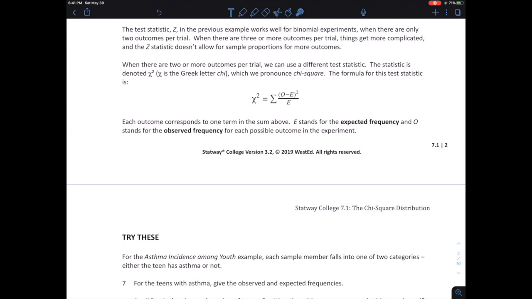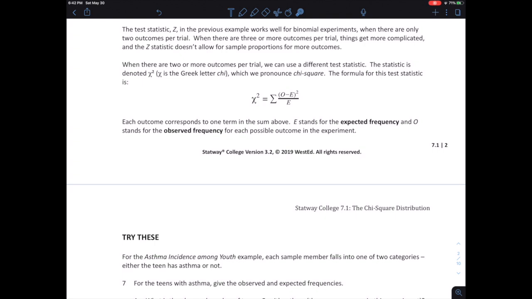Okay, so what you have to do is sum the observed number of outcomes in each category and subtract the expected number of outcomes in each category. So the expected outcomes are just the average number of successes and the average number of failures. If the null hypothesis is true, those are your expected outcomes.